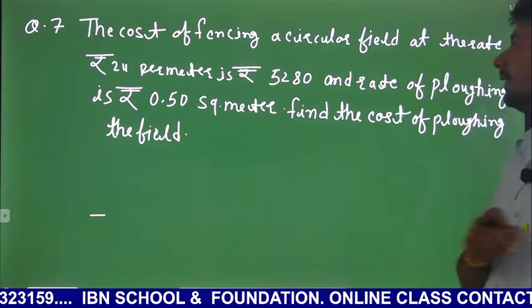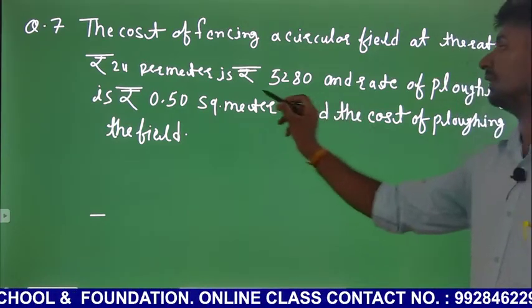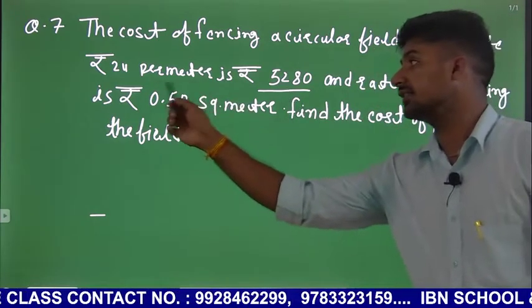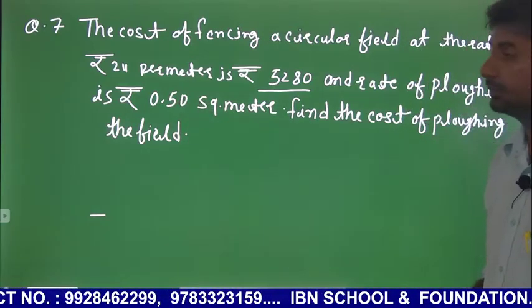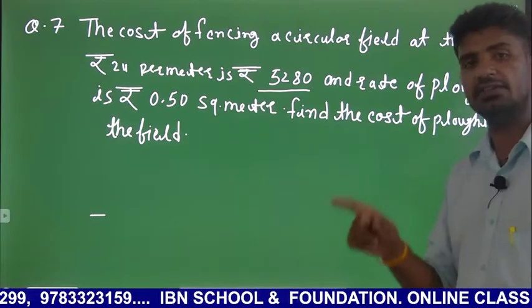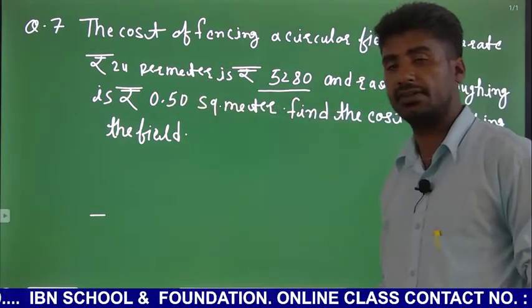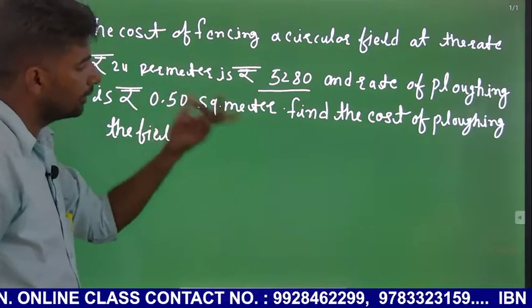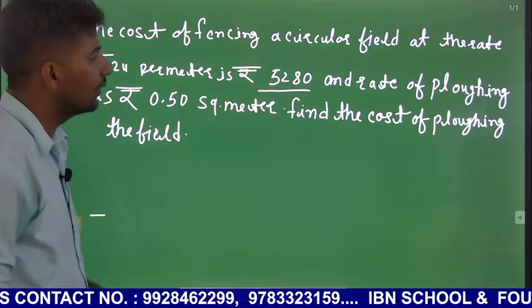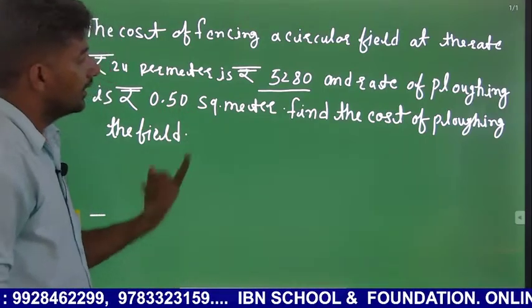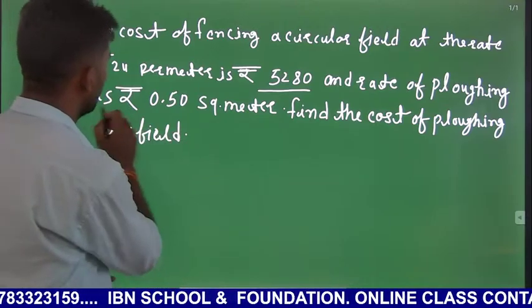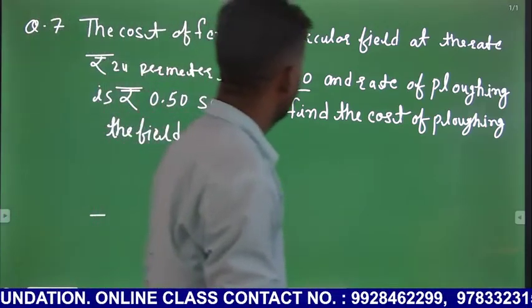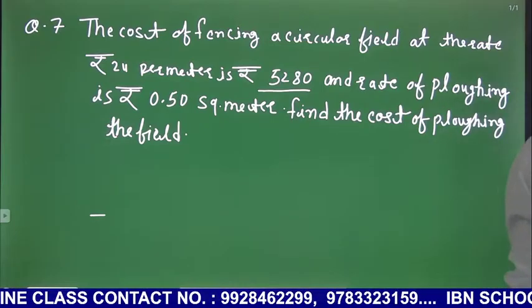Here the per meter rate is used with the circumference, because the unit of area is square meter. So firstly we find the circumference, and from the circumference find the radius of the circle, then find the area of the field, and from the per square meter rate, count the cost. Okay.